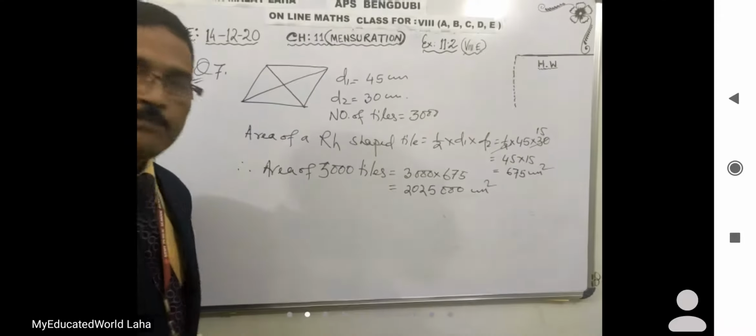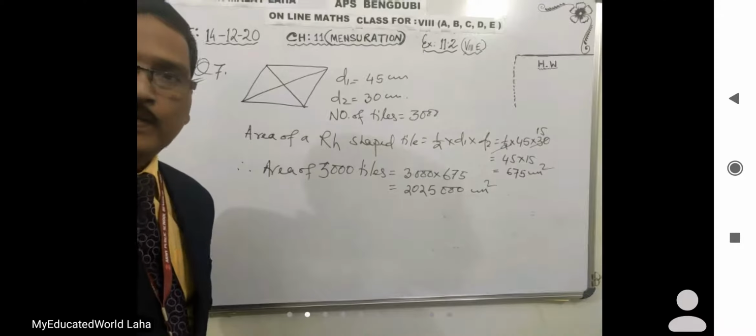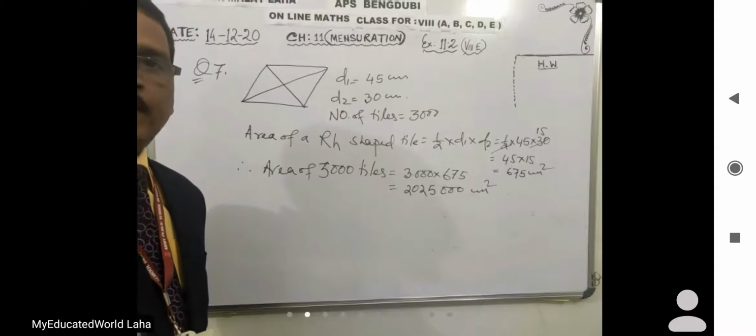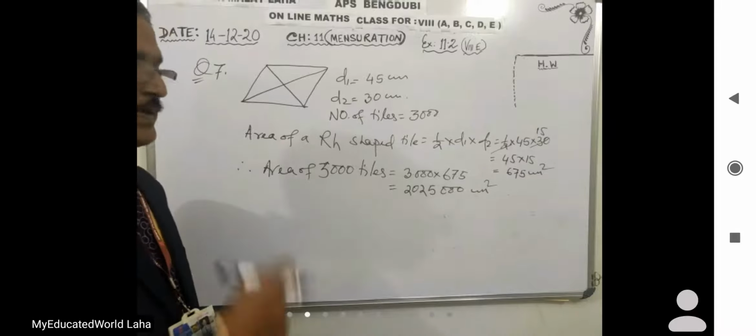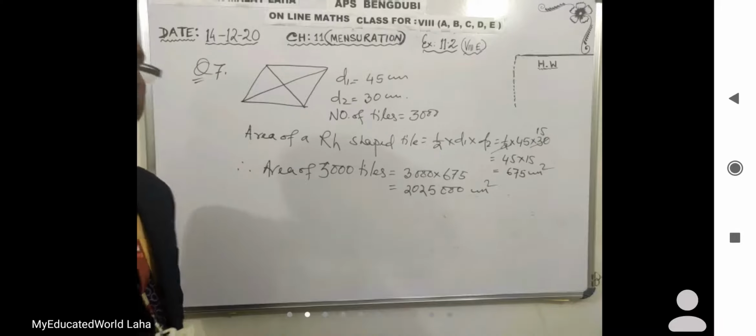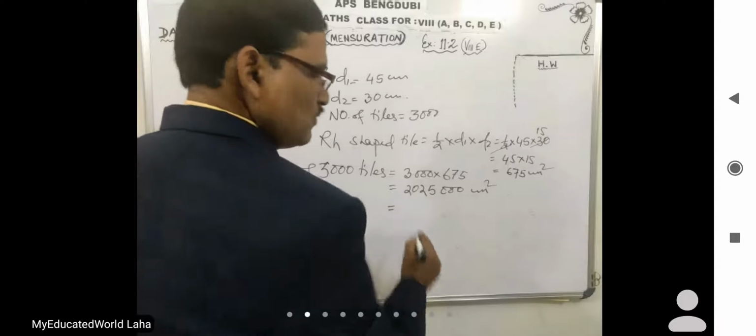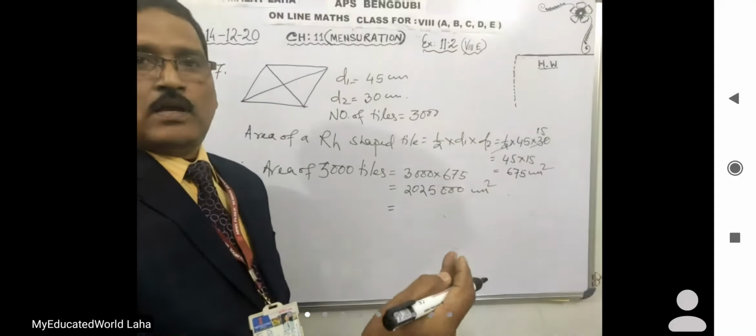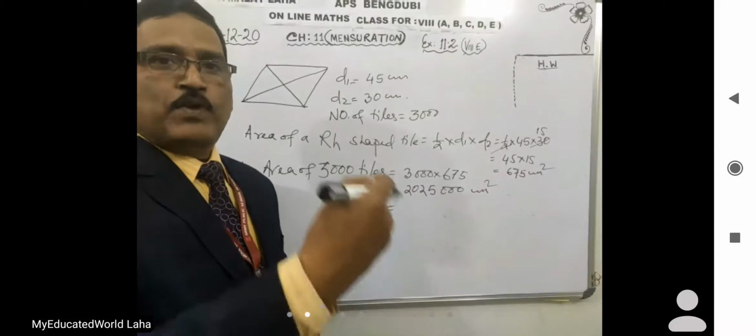But I have to convert into meter square. Why? Because the rate is given in meter square. I cannot multiply the centimeter square by rate. So how can I do? Centimeter to meter, what is the distance? 100. That means we have to divide by 100.